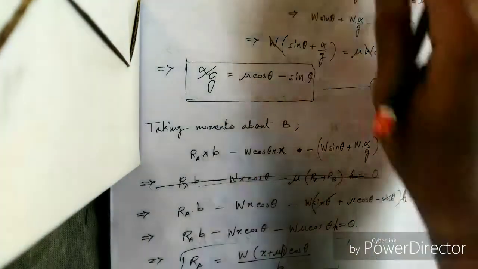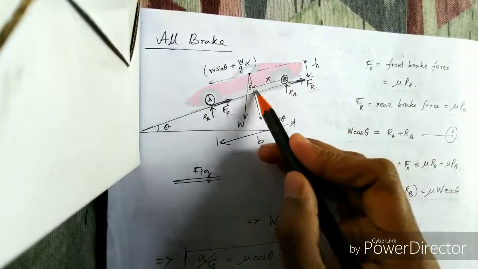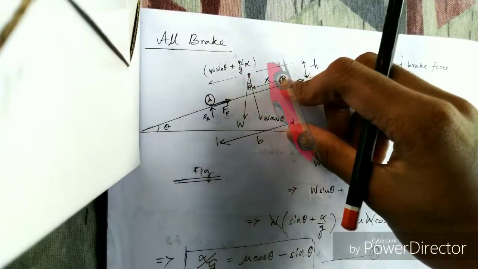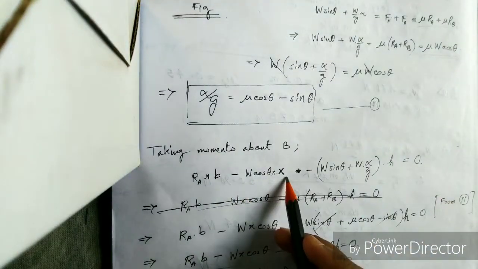Now W cos theta into X. W cos theta is this force and this distance is X. This moment tries to tilt the vehicle anti-clockwise, so here is the minus sign.